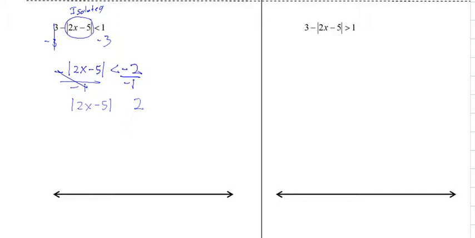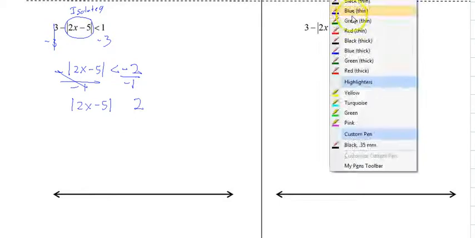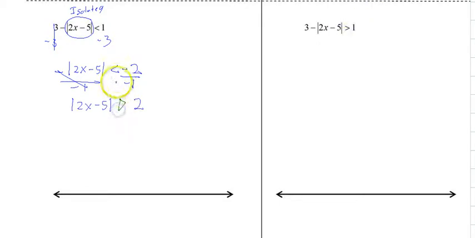I'm going to write it in green so we know it's flipped. Because of these two little guys right here, we're dividing by a negative, we have to flip it. Alright, now it's a greater than.